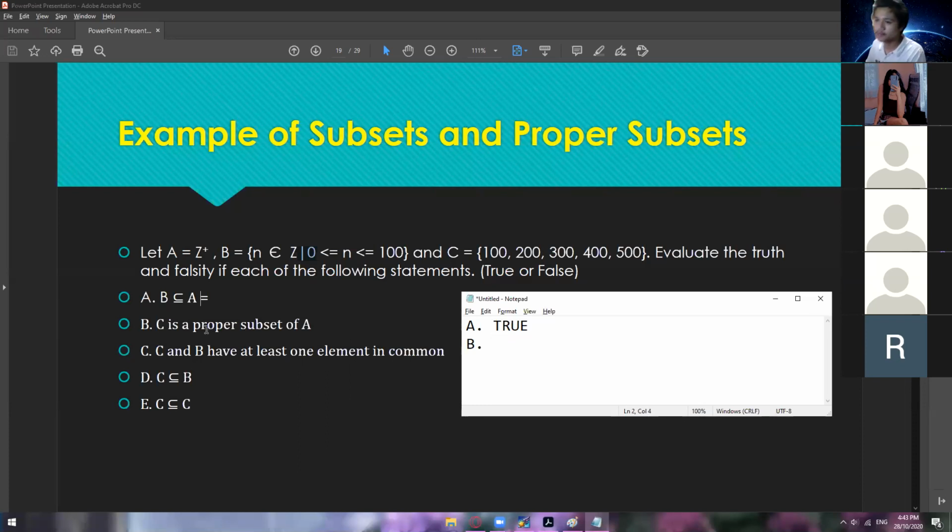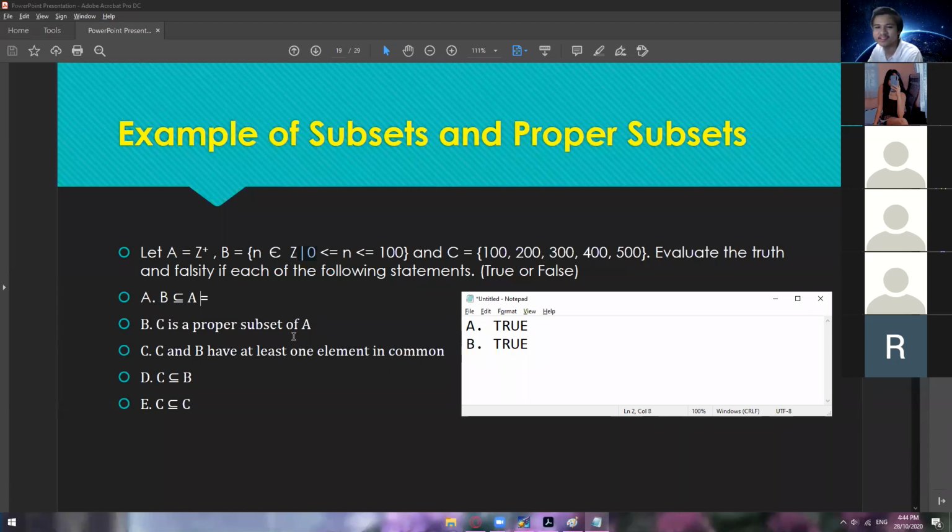How about letter B? C is a proper subset of A. So letter B is true.